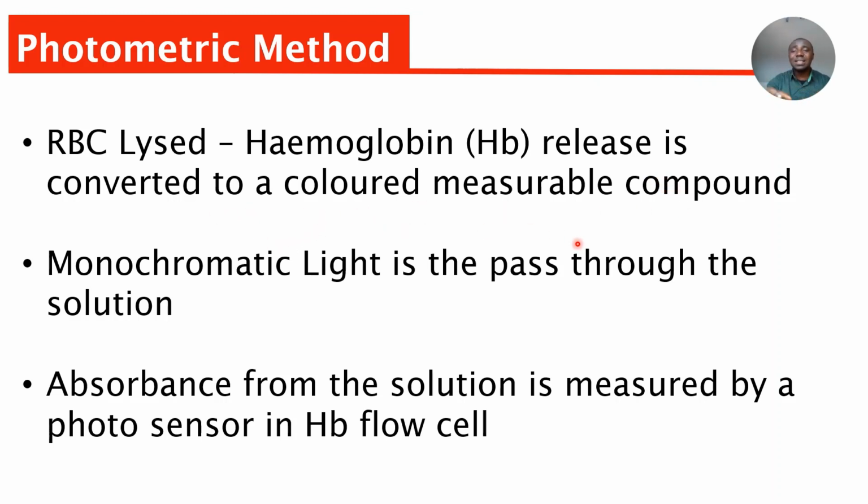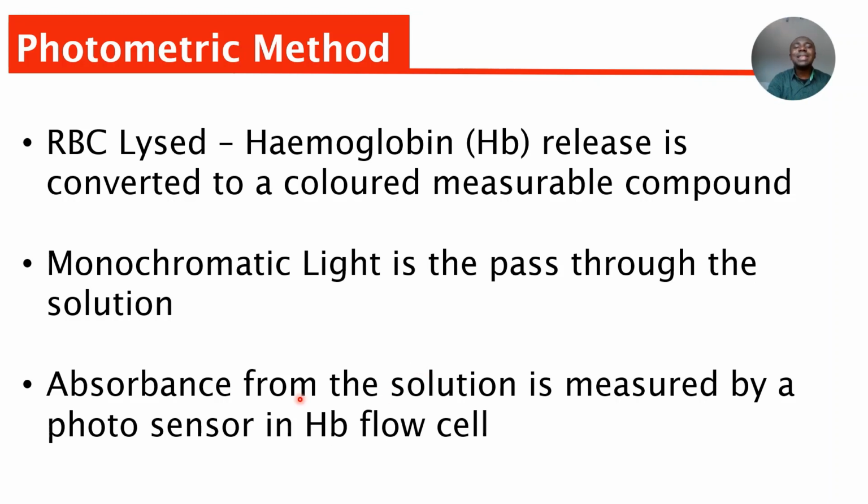Once light passes through it, that can now be measured, giving you absorbance, and that absorbance can then determine the quantity of what is there. So that's why I say monochromatic light is passed through the solution. Remember, when you go for your interview, you don't need to mention monochromatic. If you think you might forget, just remember light will pass through it.